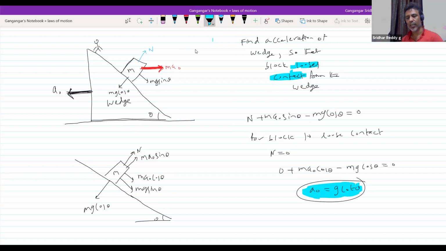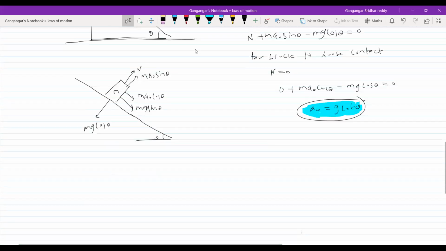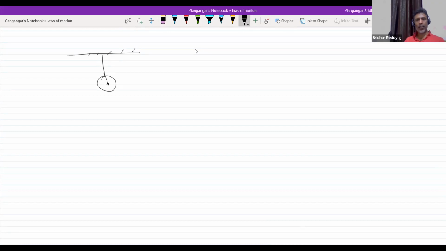I'll go for one more case. Completed? Yes, sir. There's a pulley system.